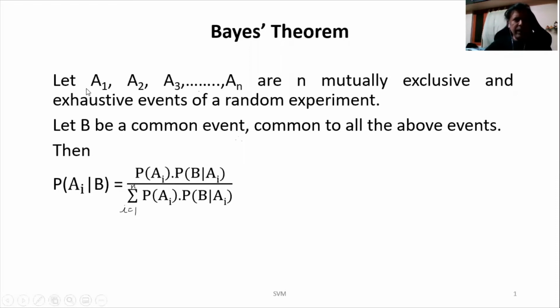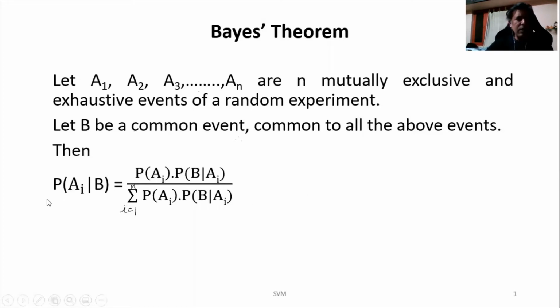Let A1, A2, A3 and so on up to An be n mutually exclusive and exhaustive events of a random experiment. Let capital B be a common event which is common to all the above events.